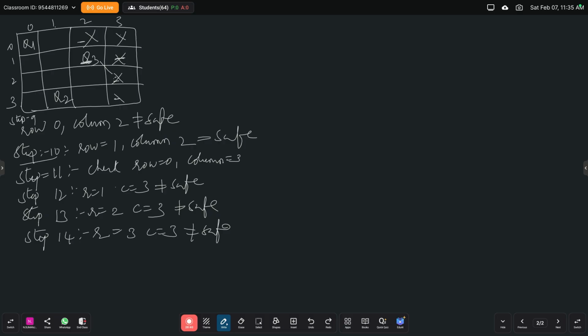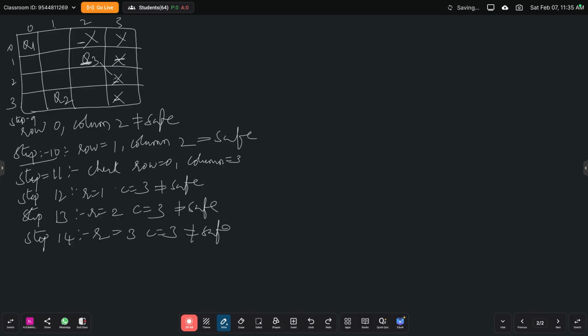Now what do we have to do? What is our third rule in the previous slide? If we are at the last row, there are no further rows to increment, and we are unable to place our queen, at that time what do we have to do? Just backtrack and remove the last placed queen.